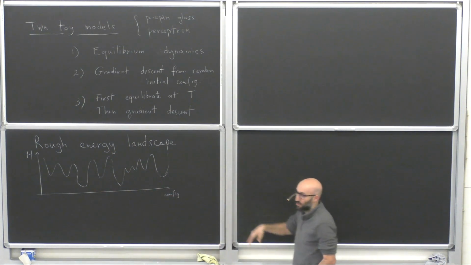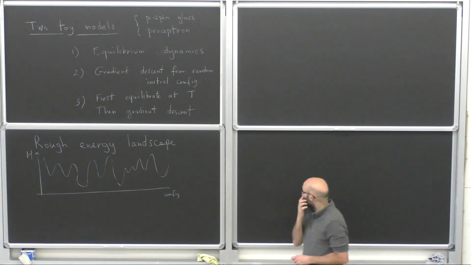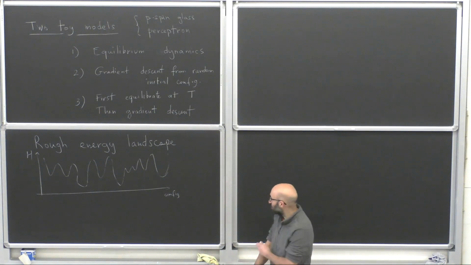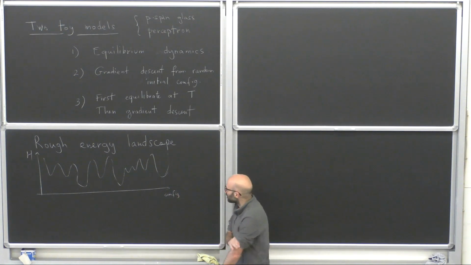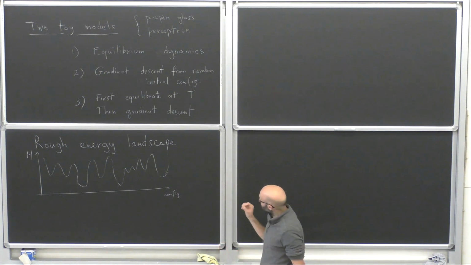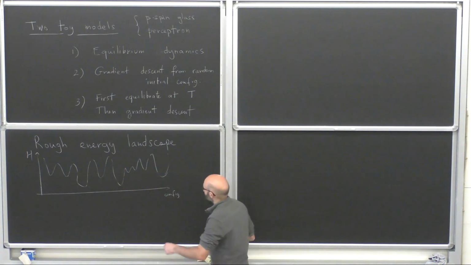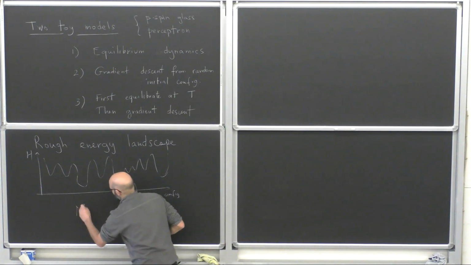Of course, this is a one-dimensional cartoon, but these things typically are very high-dimensional, so it's hard to sketch. But the important thing is that because of this roughness, you have metastability.